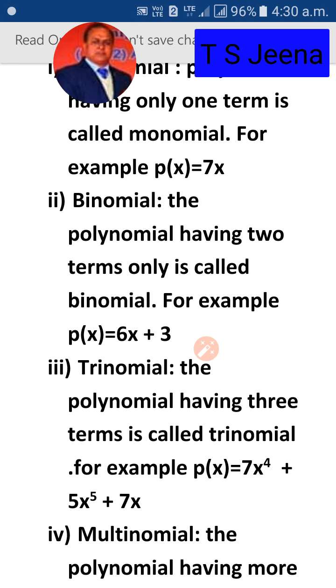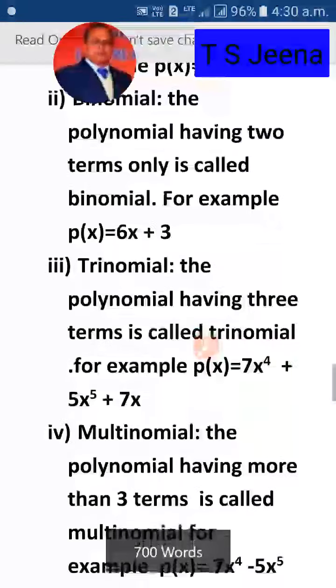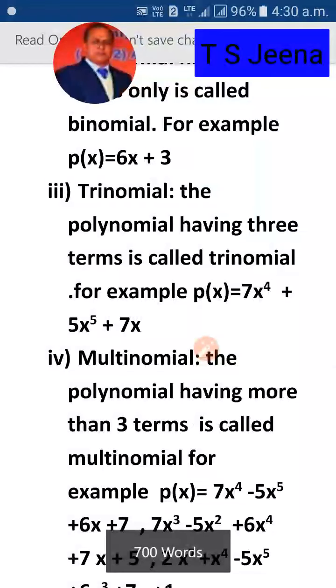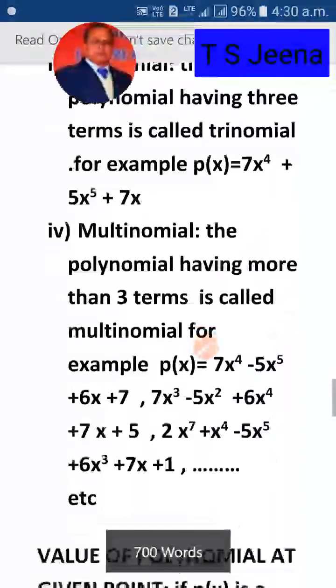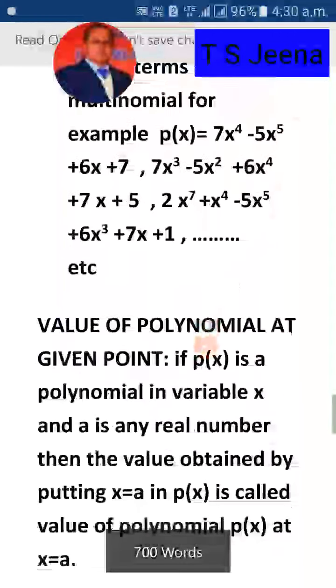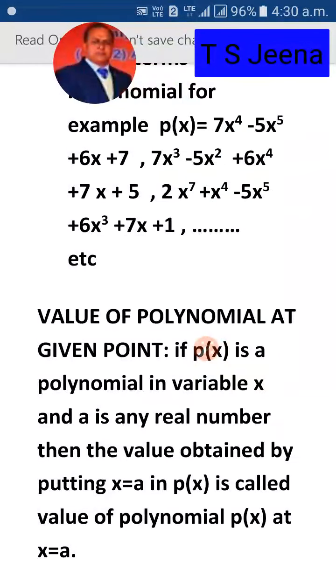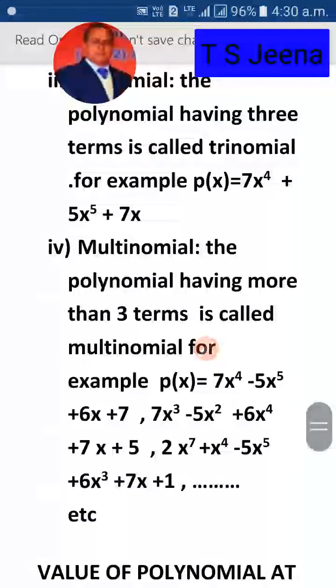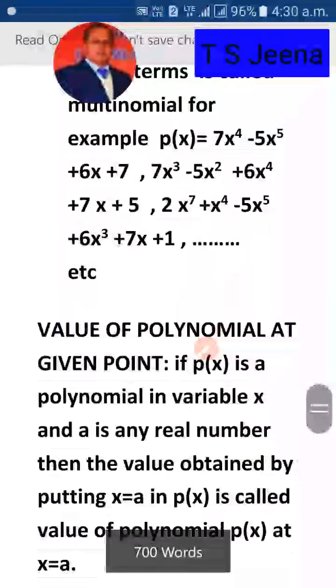Trinomial has three terms. And a polynomial having more than 3 terms is called a multinomial. These are the examples given here.